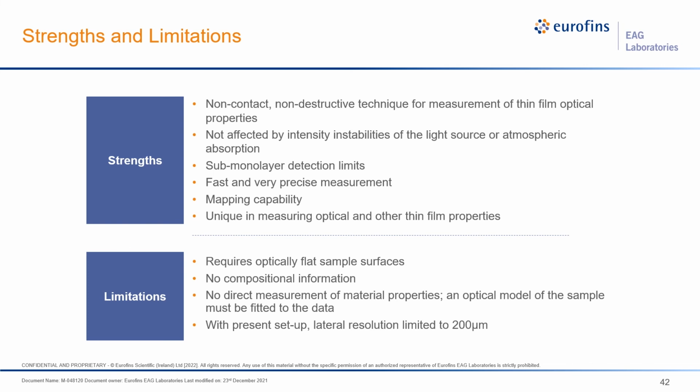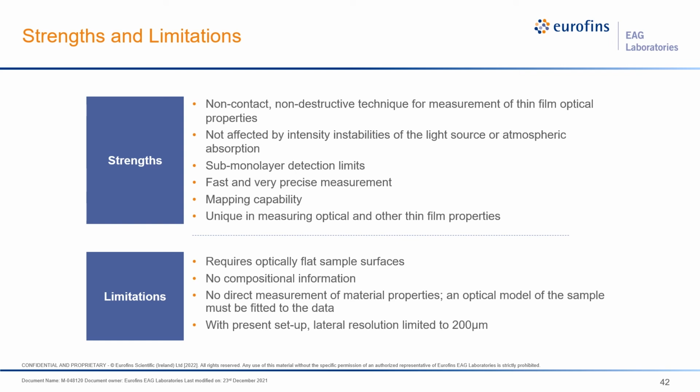To wrap up, I would like to go through the strengths and limitations of ellipsometry. I've shown that ellipsometry is a non-contact, non-destructive technique for measurement of thin film optical properties. Because ratios are measured, the psi and delta that we talked so much about, the measurement results are not affected by intensity instabilities of the source or by atmospheric absorption.